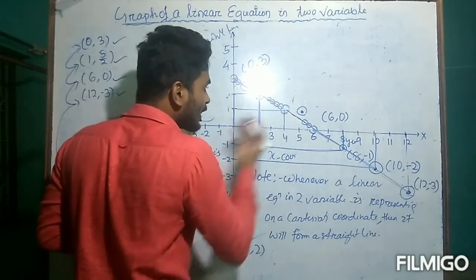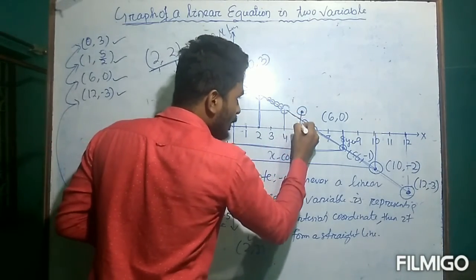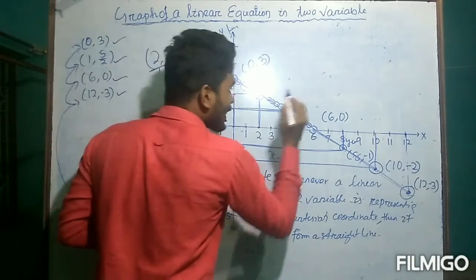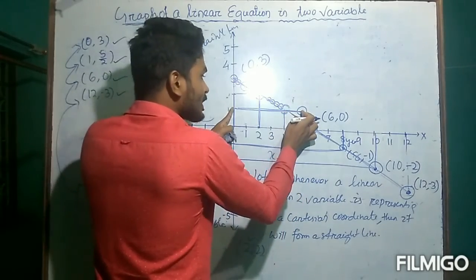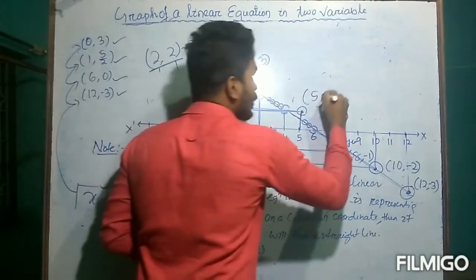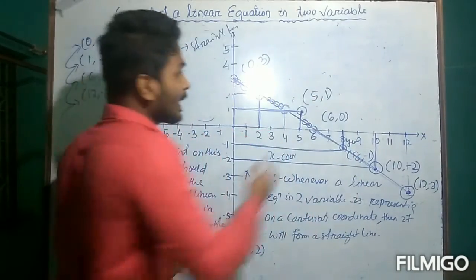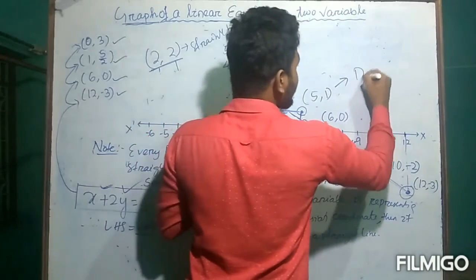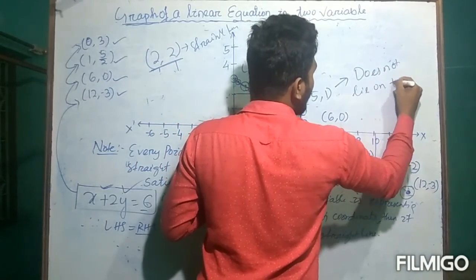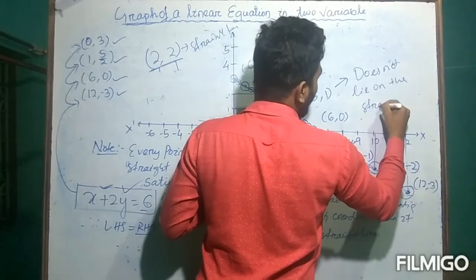Yes, we can. This is the perpendicular distance to the x-axis, and this is the perpendicular distance to the y-axis. So this is the x coordinate 5, and this one is the y coordinate 1. So keep in mind that this point doesn't lie on the straight line.